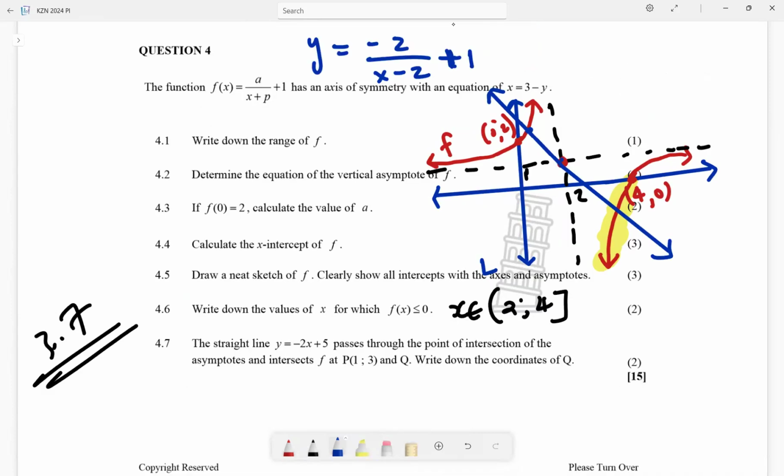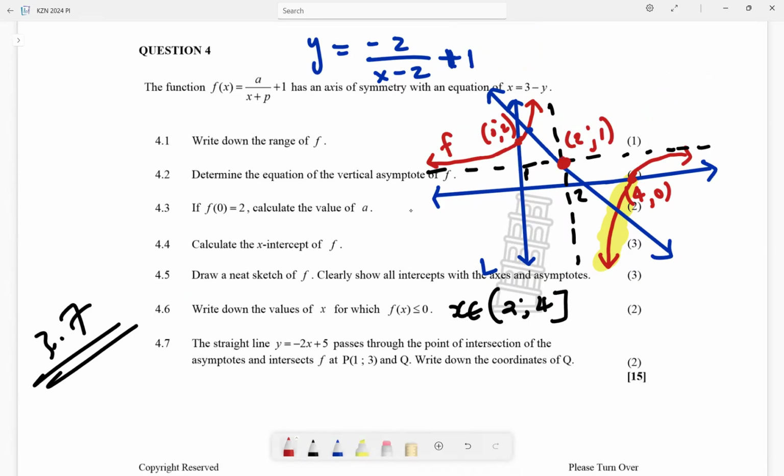Now I want you to see something. If it passes through this point here, which I said has x coordinate 2 and y coordinate 1, this will act as a midpoint.